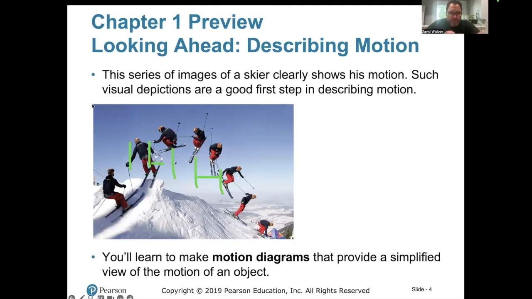Here's a skier going off of a ski jump. So he goes up in the air. At first he's traveling upwards, and then he starts to go this way, and then he travels down this way.